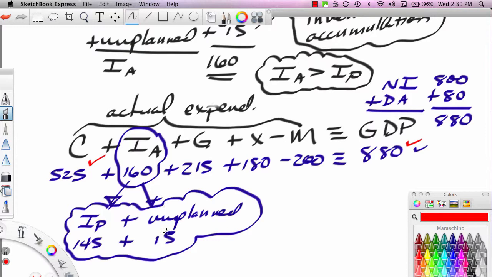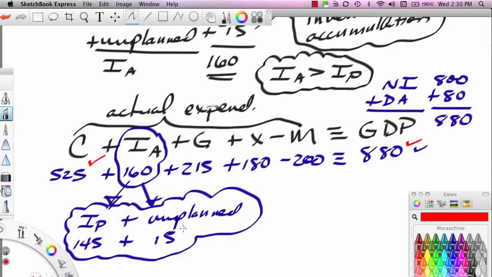However, what happens if a box of cereal is made, say, at the end of the year, but it's not sold until the following year? Well, if it's made this year, it has to be counted this year. It has to be counted as part of GDP this year. How is it going to enter the GDP calculation? Well, it wasn't sold to the final consumer. You can't count it as part of consumption.